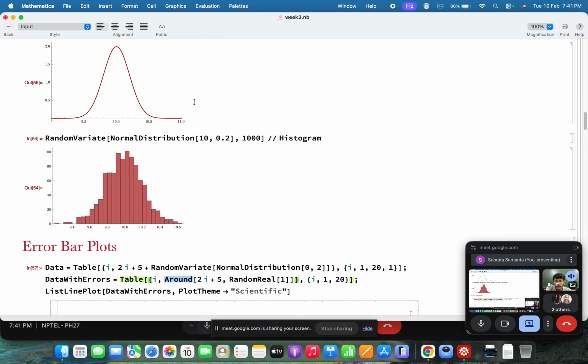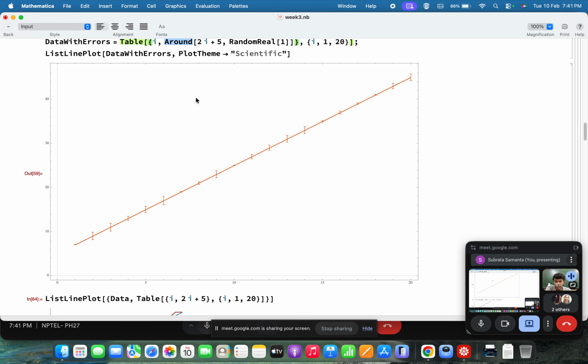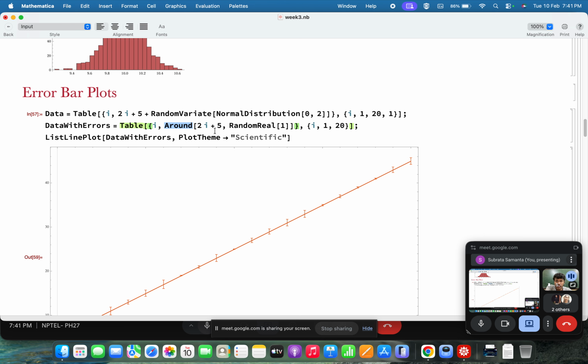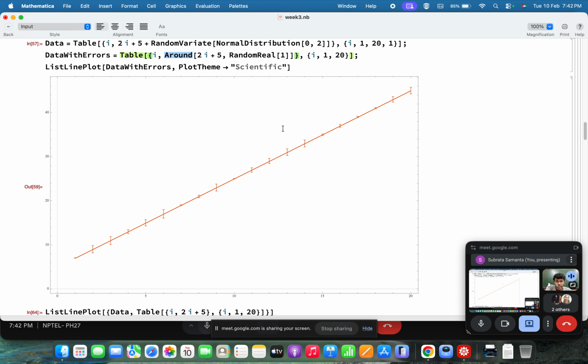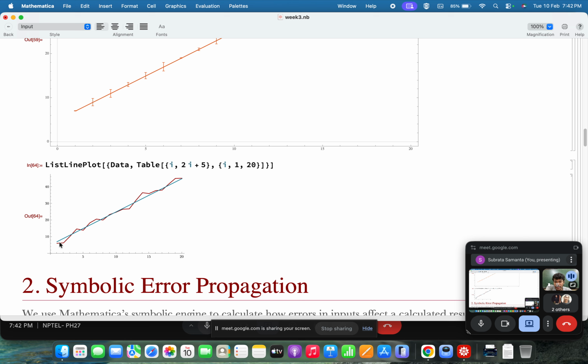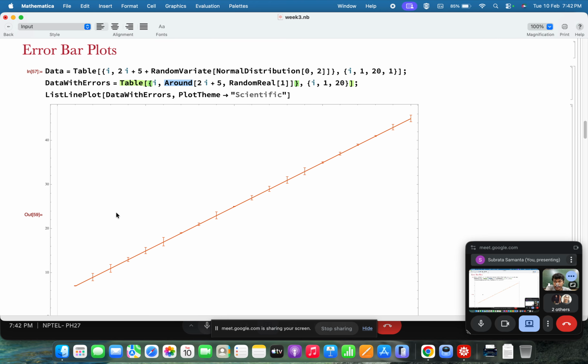I will come to this point; I am not discussing yet what the around means. Around basically calculates the error for each point. For this point the error is small, and then at this point the error is large, again at point 3 the error is large, and then you can calculate this.